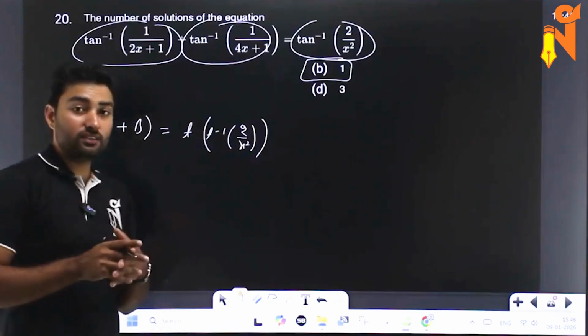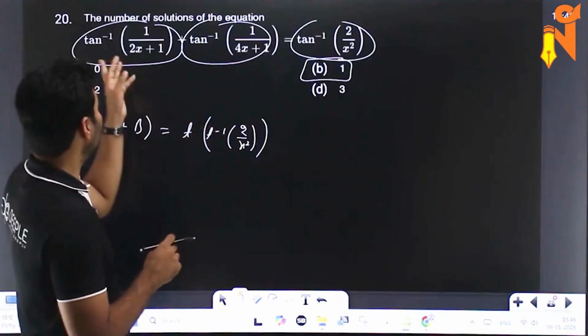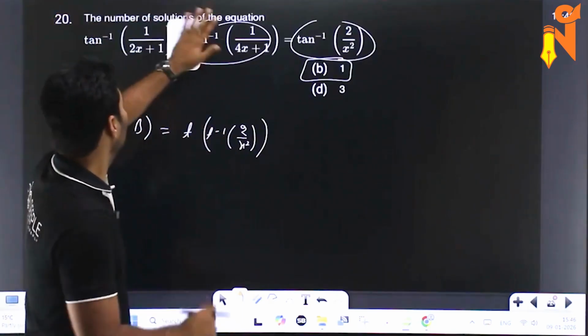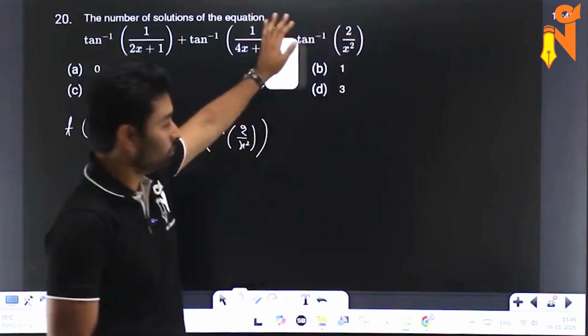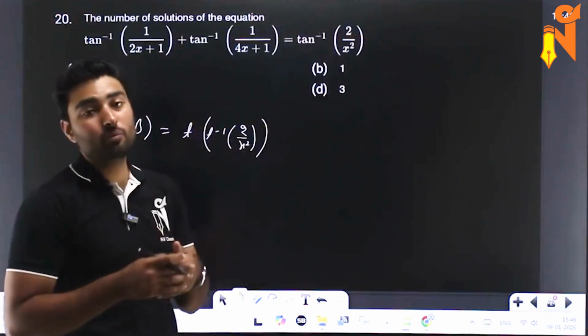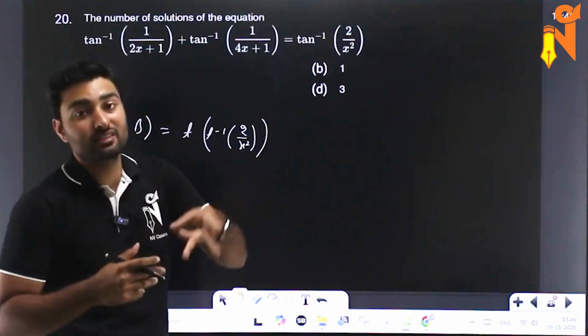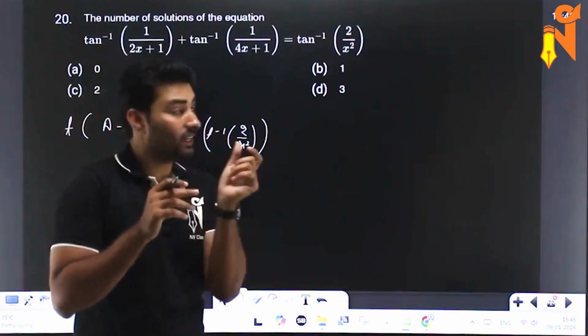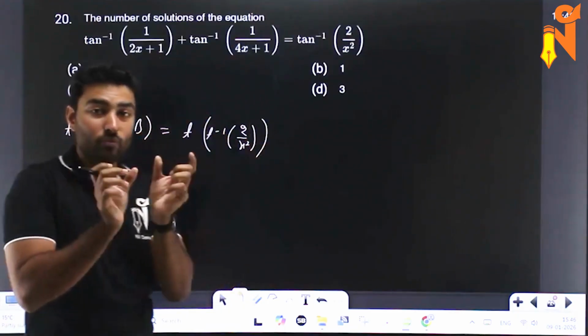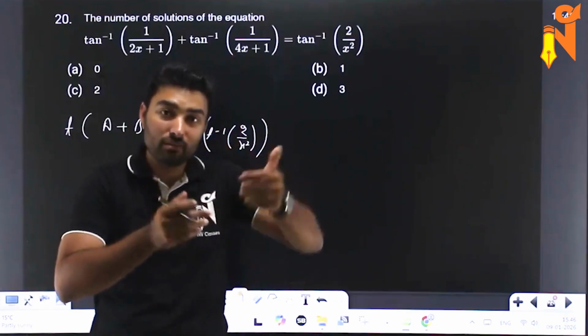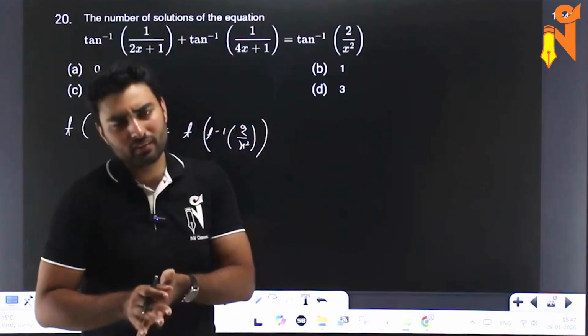If you think, sir, we know the formula that tan inverse x plus tan inverse y. See, this kind of question you should not solve in this way, because it will take too much time. Why? Because in that formula there are 3 conditions: x into y more than 1, x y less than 1, whatever, so many conditions, right?